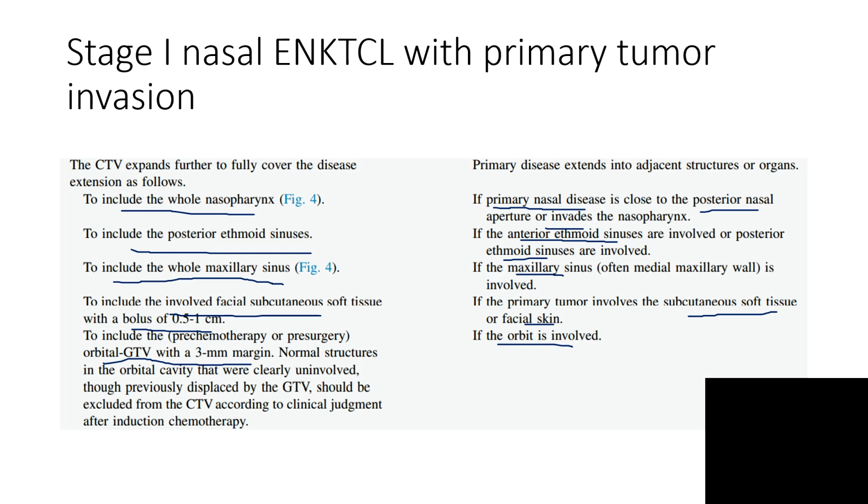Normal structures of the orbital cavity that are clearly uninvolved, even though displaced by the GTV, need to be excluded. This is based on clinical judgment and pre-chemotherapy assessment. So it's very important to get an ophthalmological visual assessment for patients who have extension into the orbit.